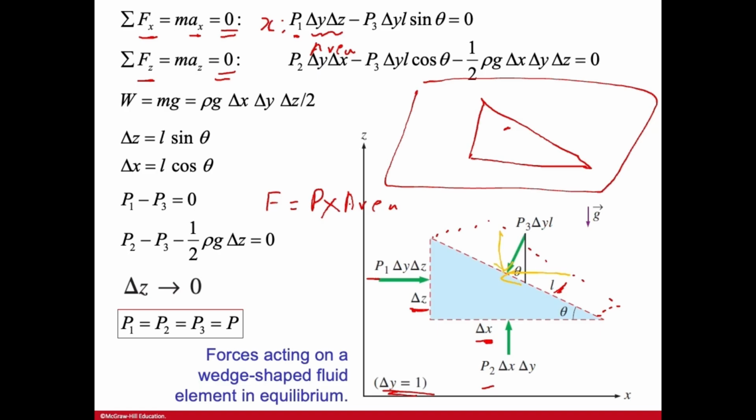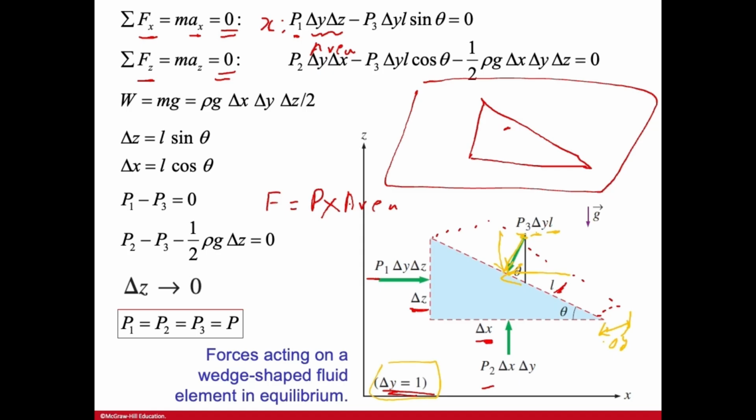So the force acting normal to the inclined surface is P3, which is the pressure, times the length of this inclined surface, times the unit depth, which is delta y, and that is known to be just 1, right? But that is the total force acting in this direction, normal to this inclined surface.